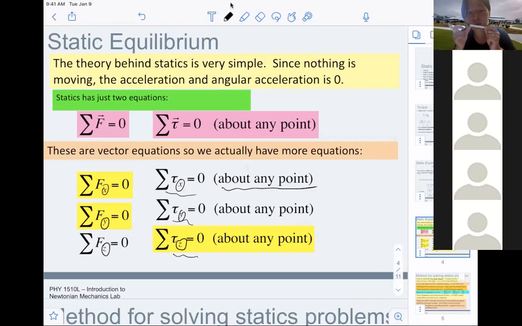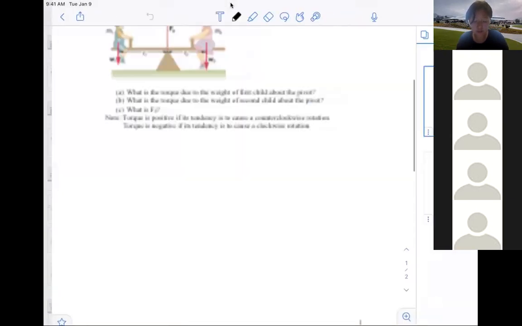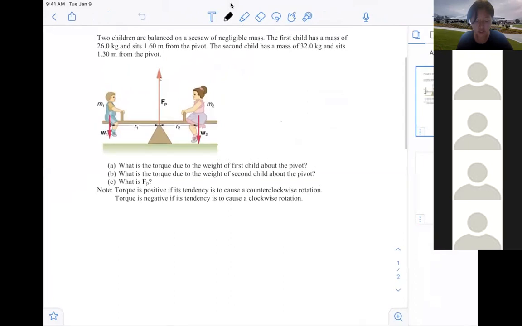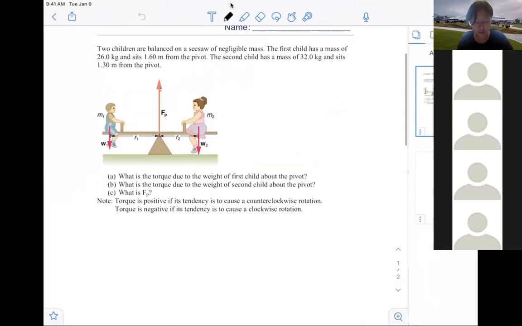So when you do the torque equations, you can ignore that force. You pick a point that is easy for you to calculate, but essentially, you can pick any point that you want. So let's take a look at our pre-lab. Make sure we know how to set up the force and torque equations before we look at today's experiment.